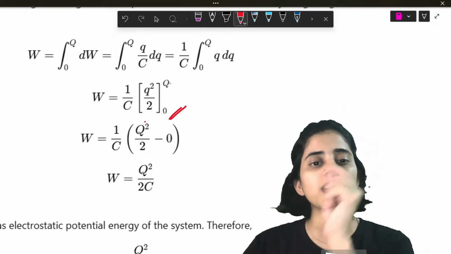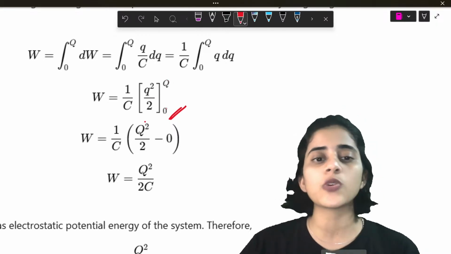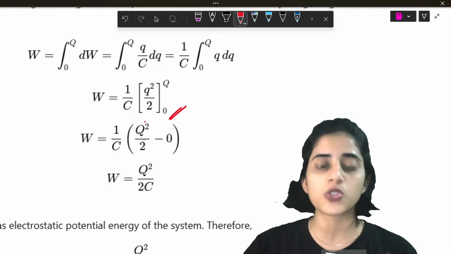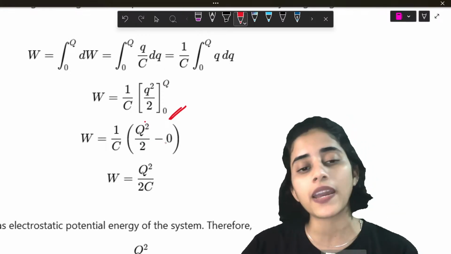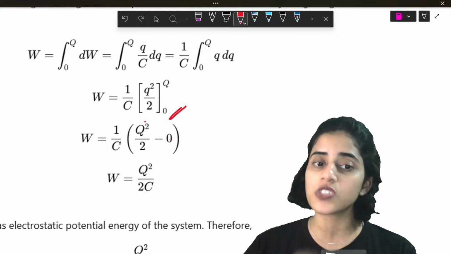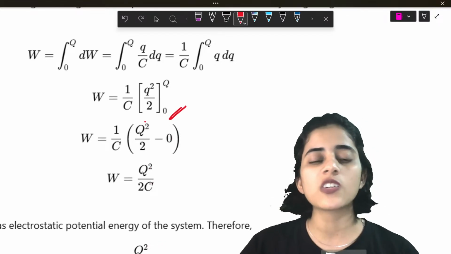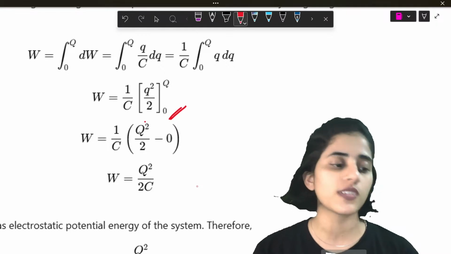And then you substitute the limits. You substitute Q and then you substitute 0 as well. So it becomes capital Q square by 2 minus, instead of Q you put 0. So that becomes minus 0. So W will be Q square divided by 2C.